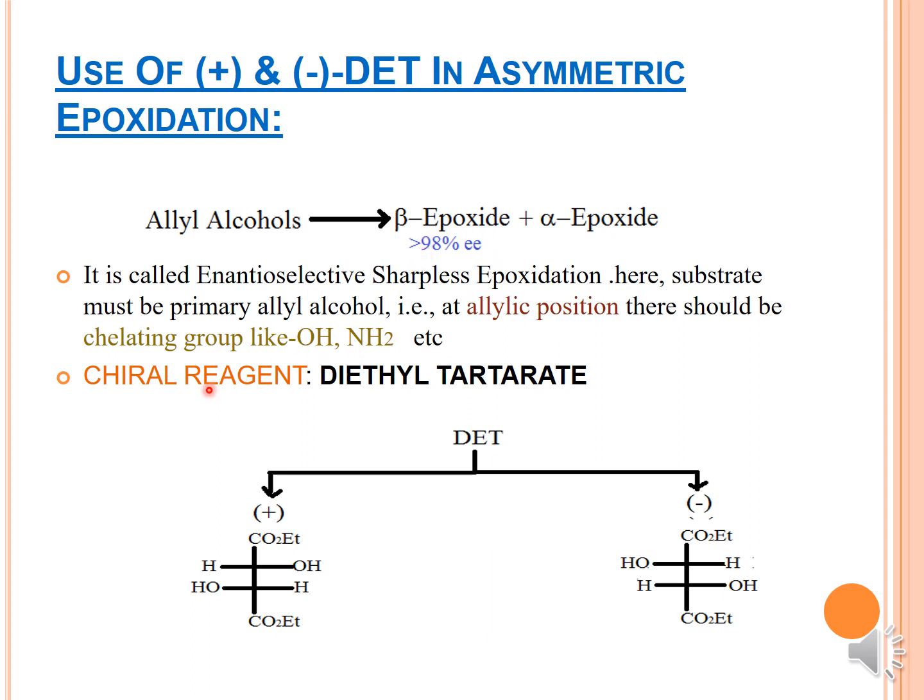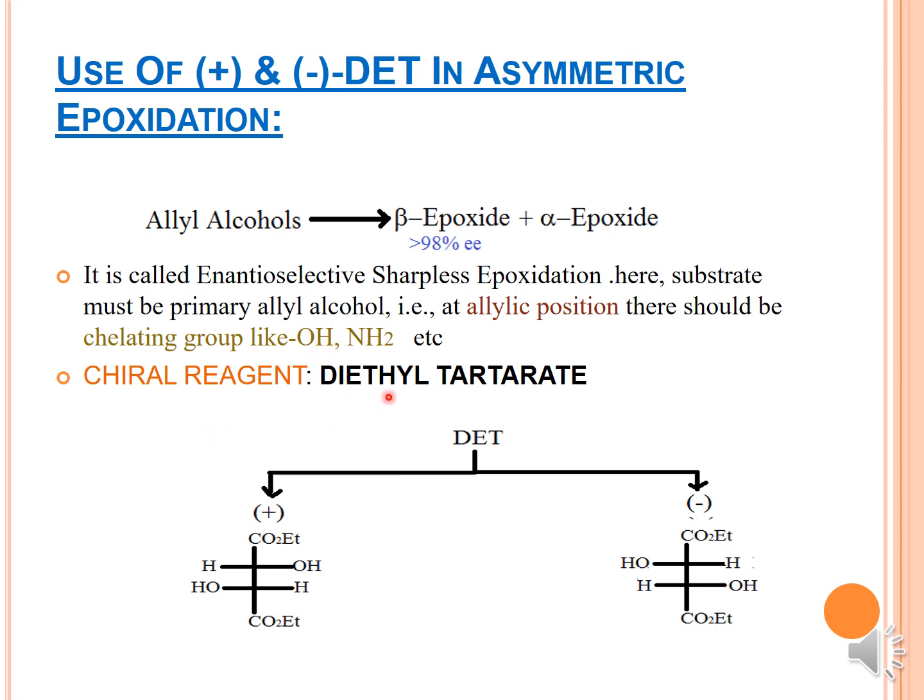So here if you see, the allylic position will get affected, okay? And if you just go through this point, for enantioselective reaction the substrate must be a primary alcohol, and it should affect the allylic position. The allylic position should be attached with chelating groups such as OH, NH2, etc. If we are taking allyl alcohol, the OH will be attached over here, okay?